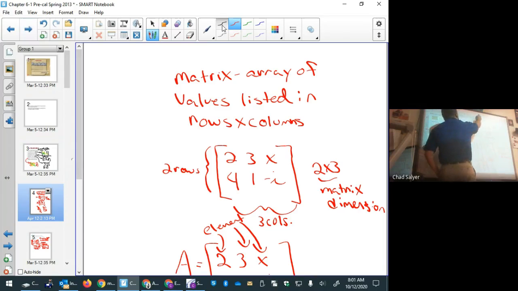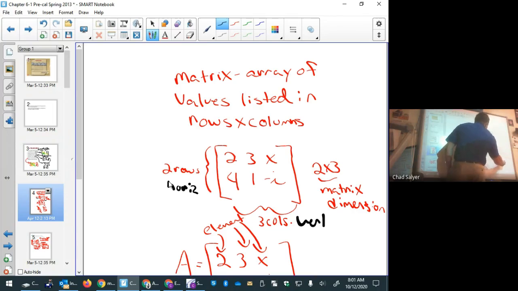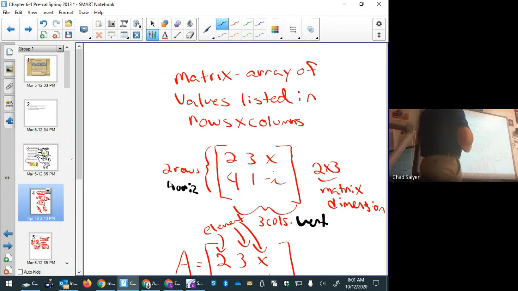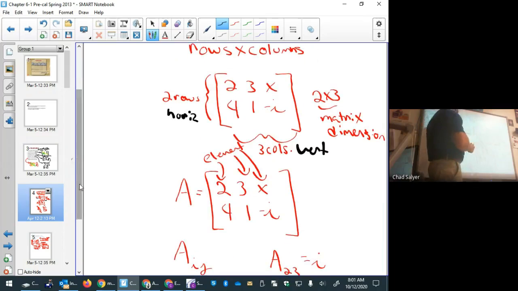The rows are horizontal, and the columns are vertical. Each individual item in the rows and columns is called an element. So we have 6 total elements in this matrix, 2 rows, 3 columns.